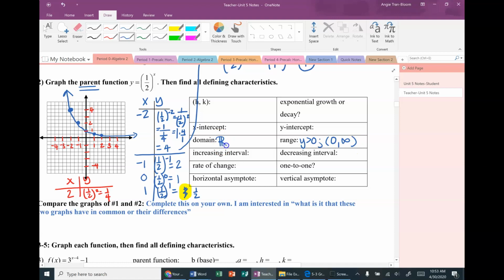Your domain will always be all real, and we can write it in interval notation as well. Now, this is not increasing, it is decreasing over the entire domain. If it's decreasing, it's a decay.